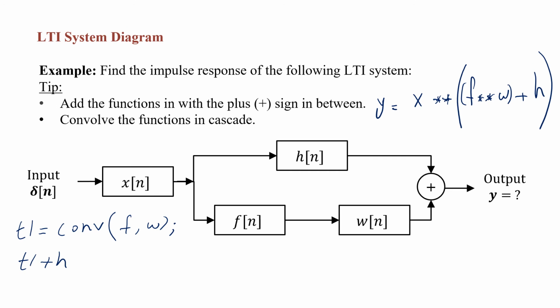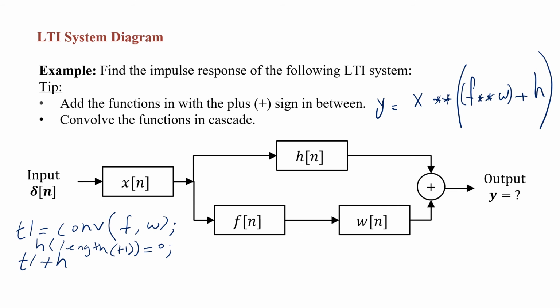However, the size of t1 will be different from the size of h. t1 will most likely be larger than h. So before being able to perform addition between t1 and h, I'll have to make sure that the size of h is equal to the size of t1. So we can say h of length of t1 is equal to 0.